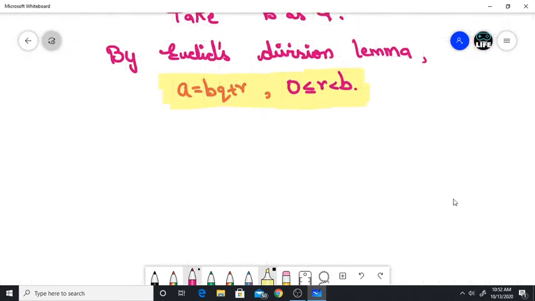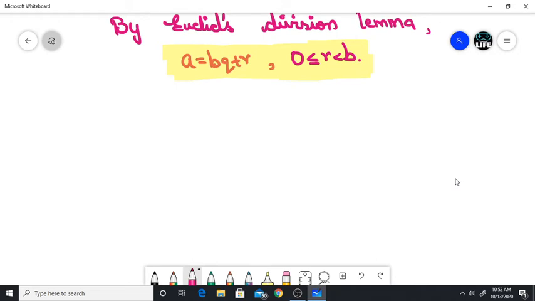Now a equals 9m plus r, 0 less than or equal to r less than b.